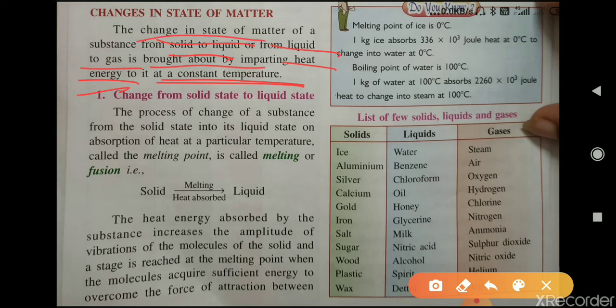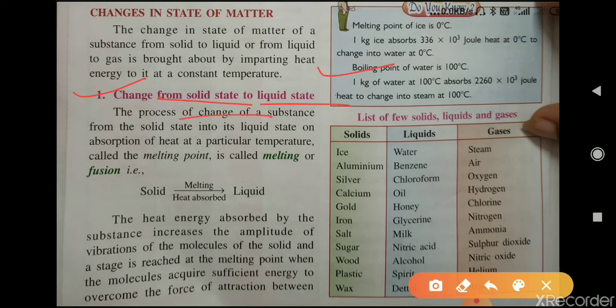Whenever the change in state occurs, it is brought about by imparting heat energy to it at a constant temperature. First case is when we change from a solid state to a liquid state.